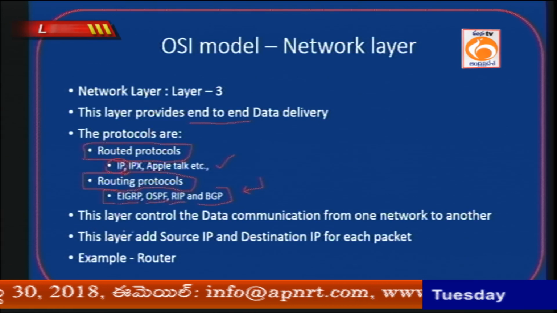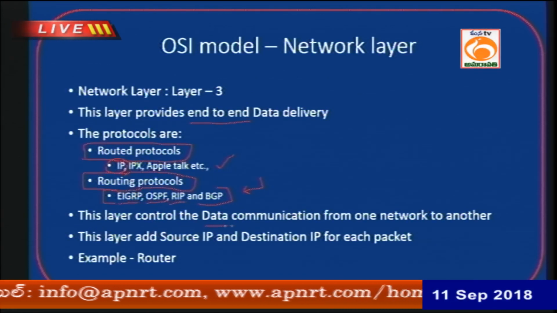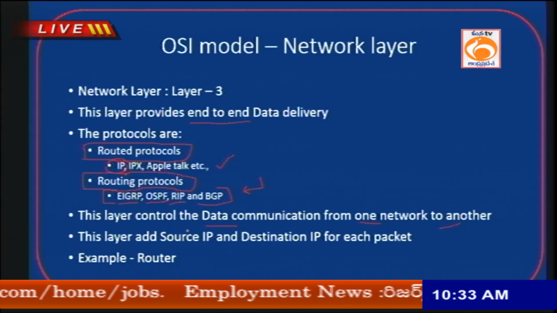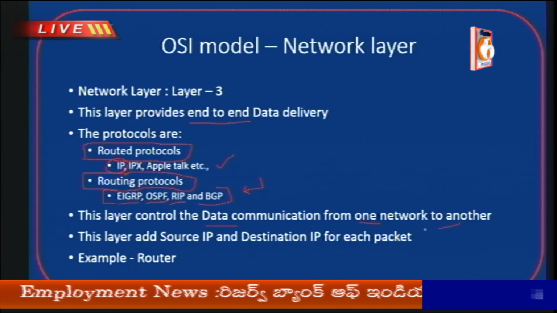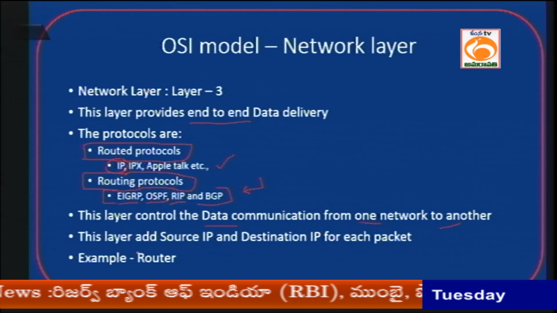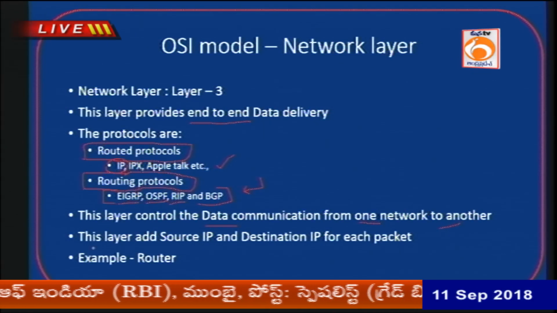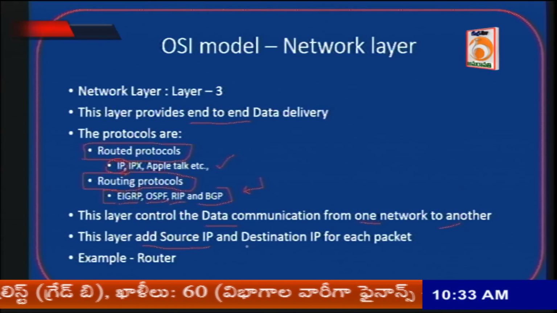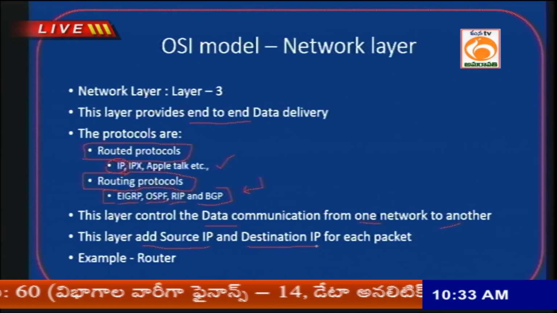So this layer controls the data communication from one network to another network, or it facilitates the communication from one network to another network. And in the OSI model, the network layer adds the source IP, who is sending the data, and the destination IP, to whom this data is being sent.